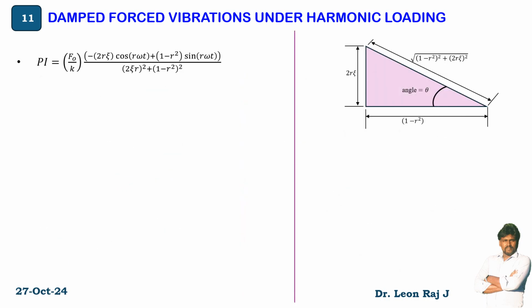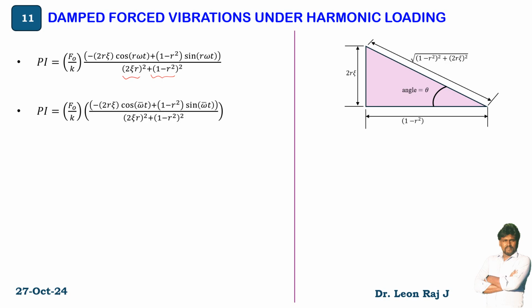Just take this, then the particular integral turns out like f0 by k minus 2 r xi cos r omega t plus 1 minus r square sine r omega t divided by 2 xi r whole square plus 1 minus r square the whole square.